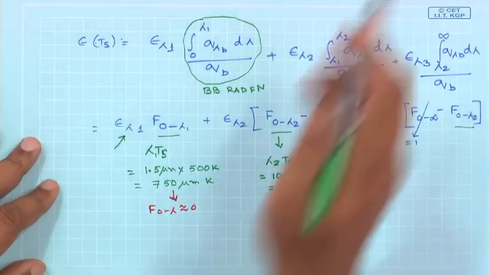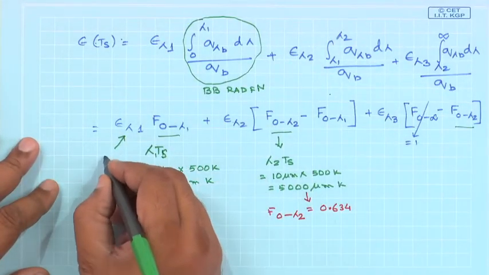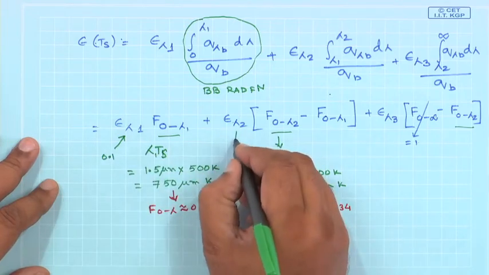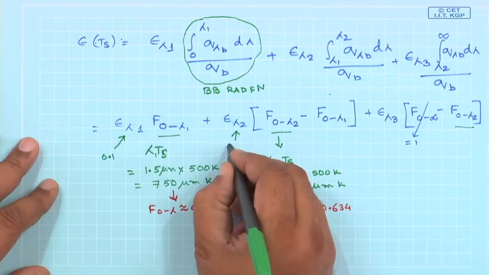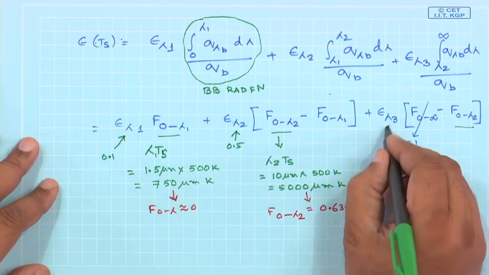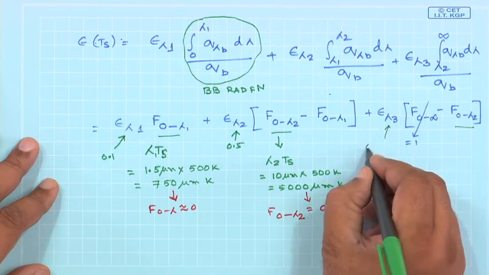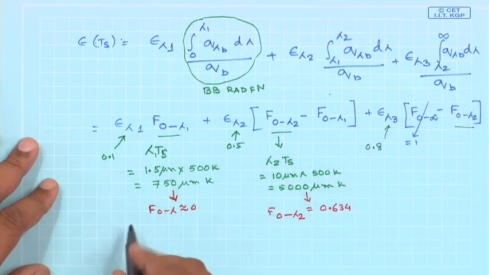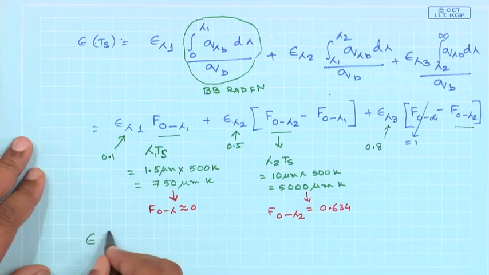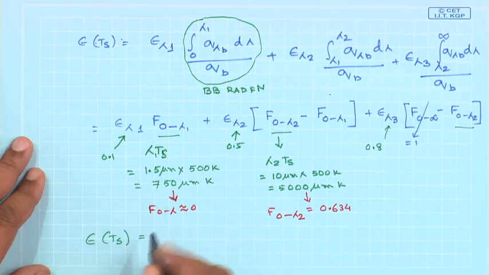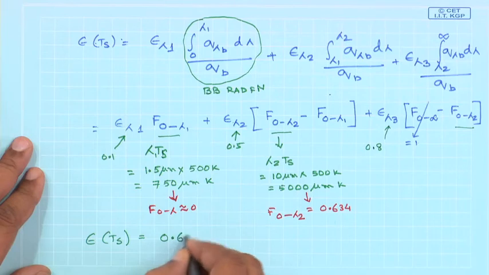So, I am going to write this as 0.1, this as 0.5 and this is equal to 0.8. So, when you do this, the value of epsilon Ts would simply be equal to 0.61.